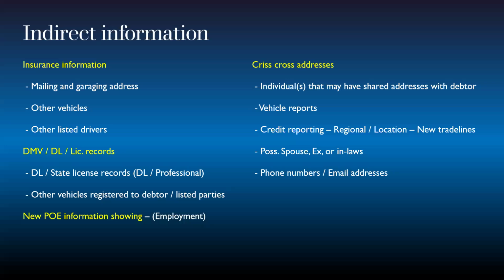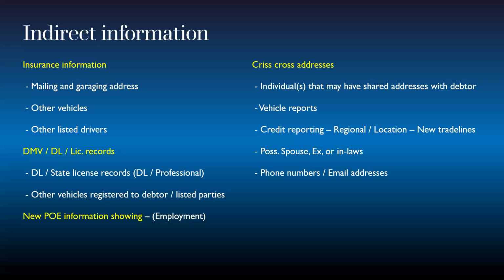New POE information showing, always know anything and everything that you see. Crisscross addresses as well. Individuals that have shared addresses, we just reviewed that a little while ago. So husband, wife, spouse, kids, anything and everything you can find that crisscrosses that have shared addresses that may report new. Look up vehicle reports, Carfax, anything like that. Look for anything you can find on a vehicle report.